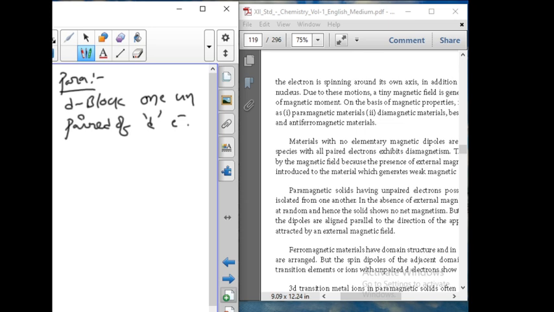Paramagnetic substances are weakly attracted by the external magnetic field.